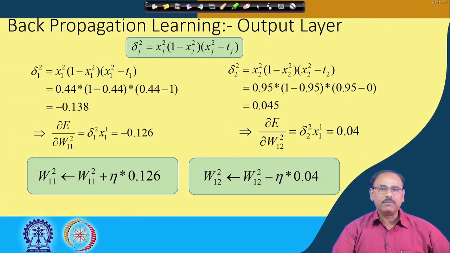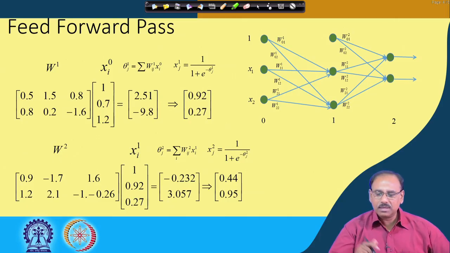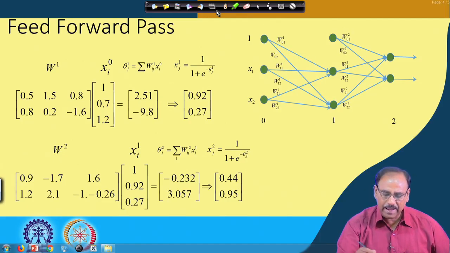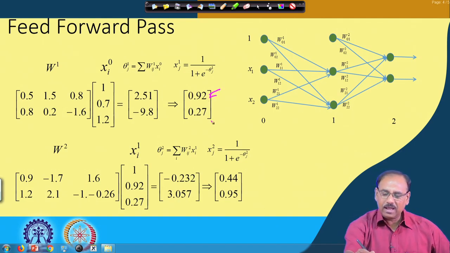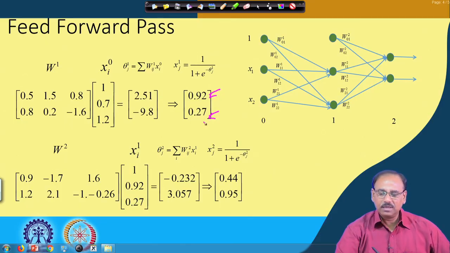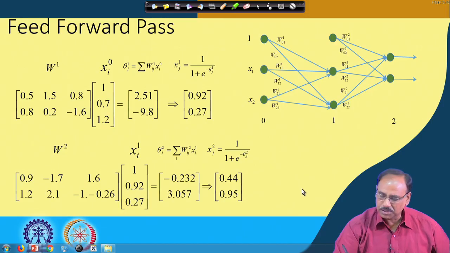Again, x 1 1 we have computed in the forward pass, as you see from here, that x 1 1 is nothing but this value 0.92 and x 2 1 is 0.27. So, using these values, I am computing these quantities.